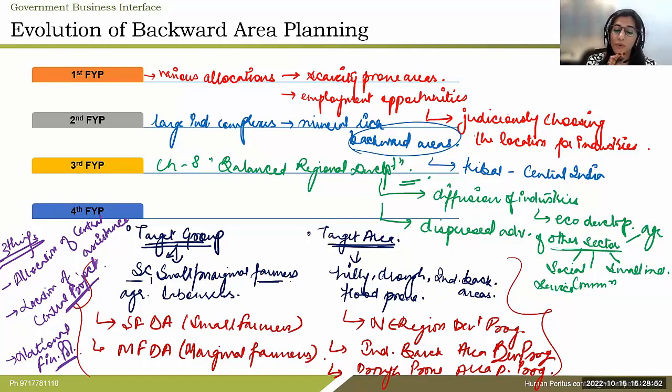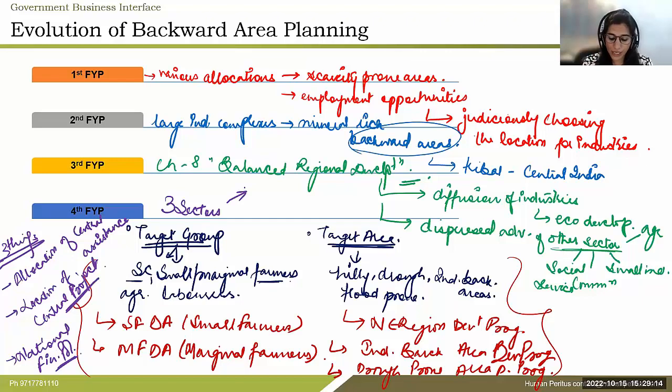One more thing here is that the fourth 5-year plan recognized three different sectors in which various areas can be considered backward.